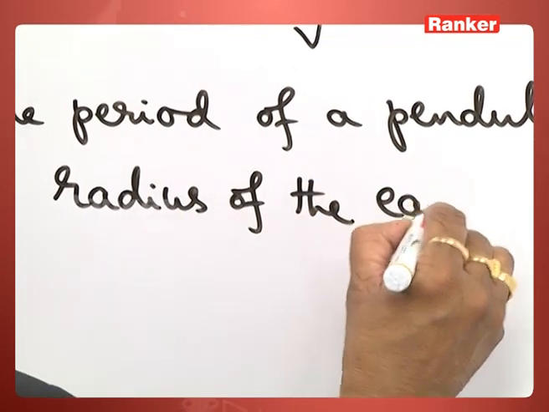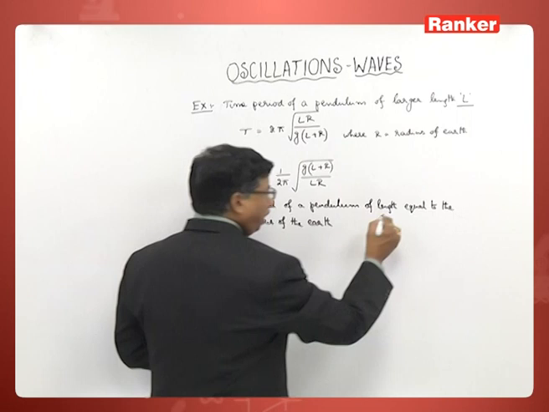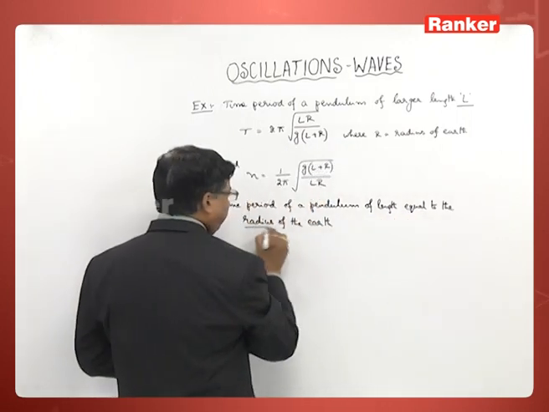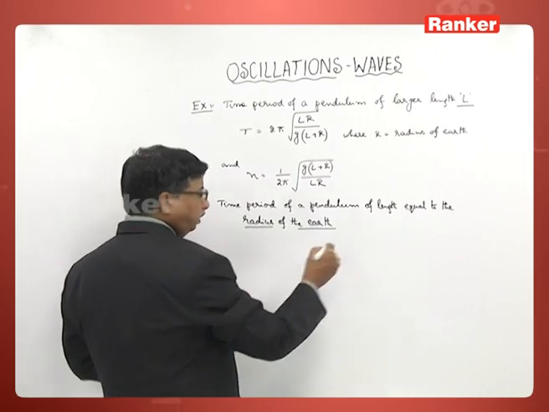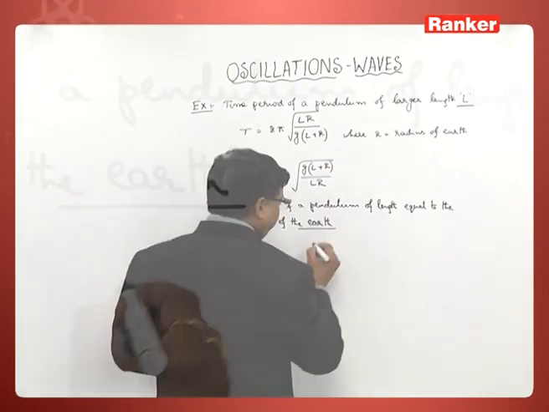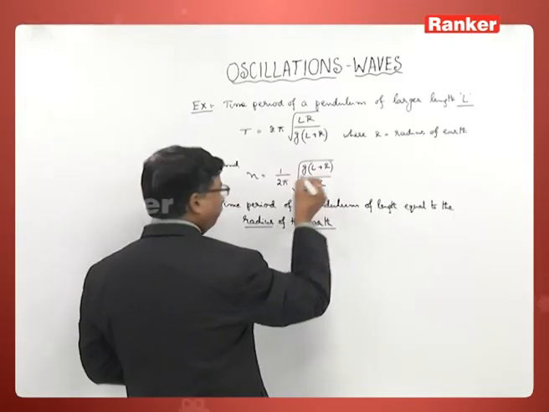What would be the time period of a pendulum of length equal to the radius of the earth? In the above equation, that means L is equal to R.